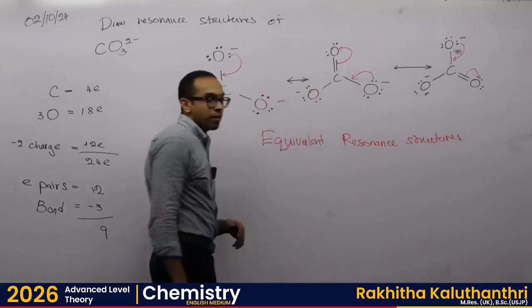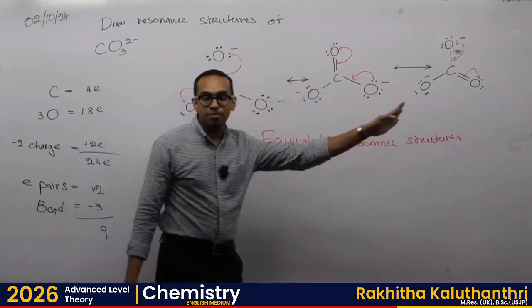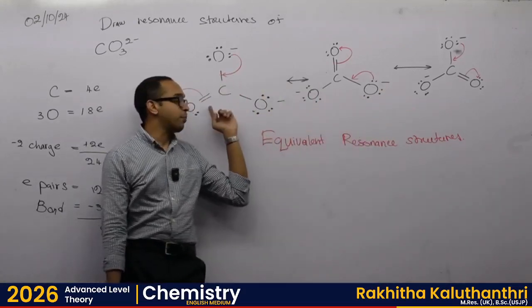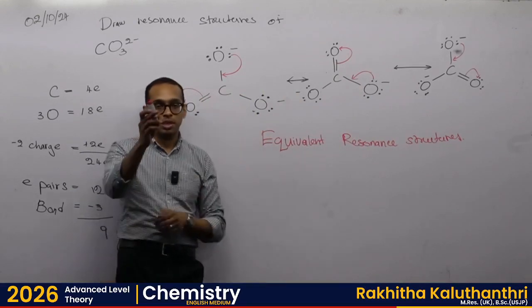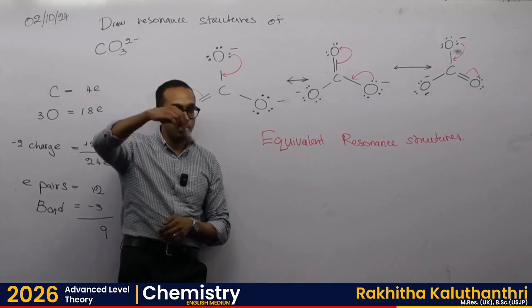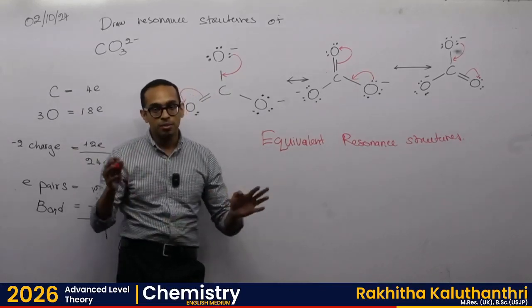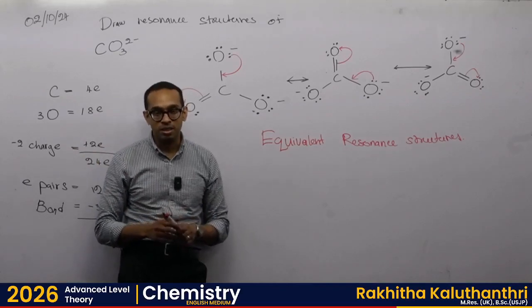That means they look pretty much the same. Only difference is the place of the double bond keeps shifting, like from here to there, right? It's going to keep on shifting between similar atoms. Pretty similar, but only difference is they keep shifting.